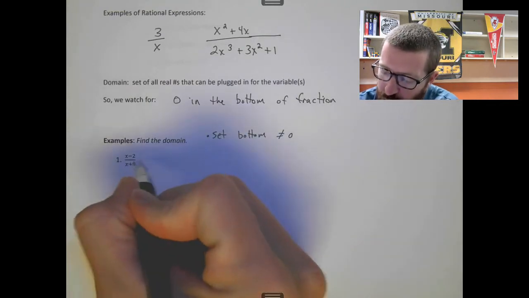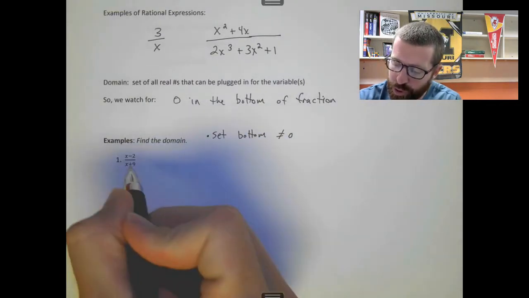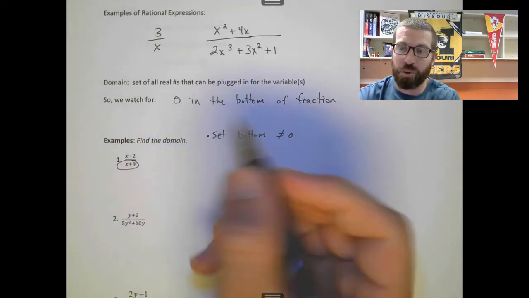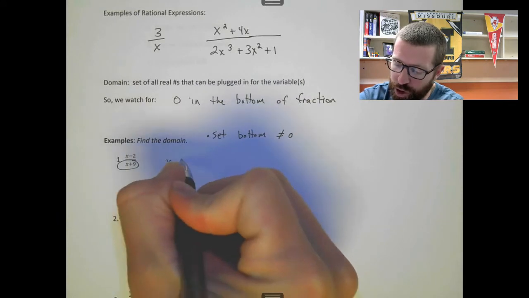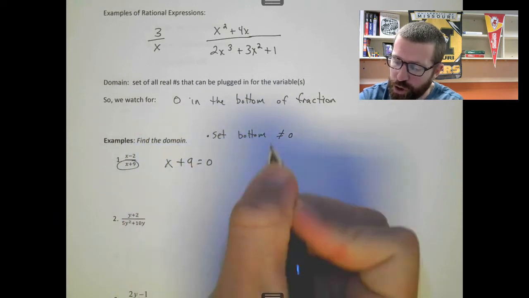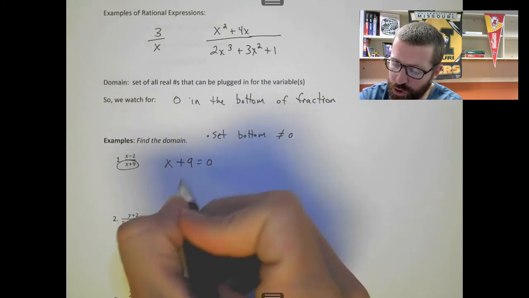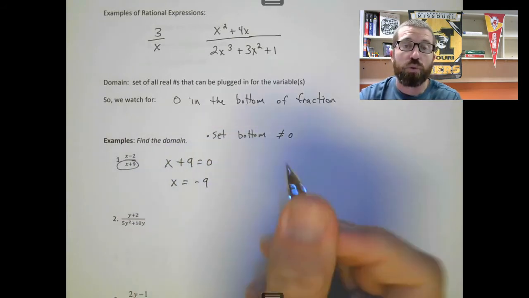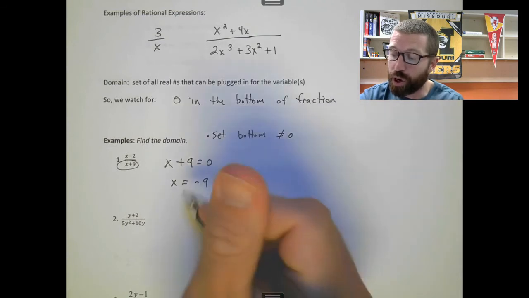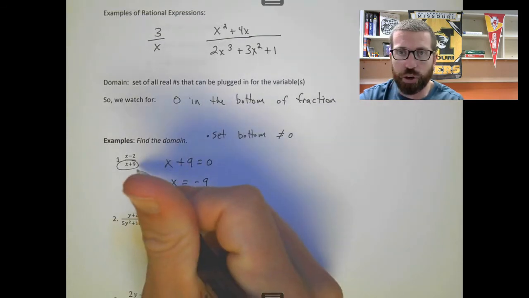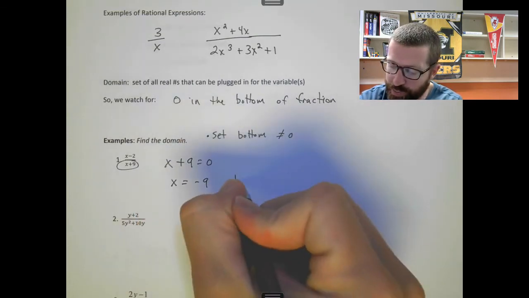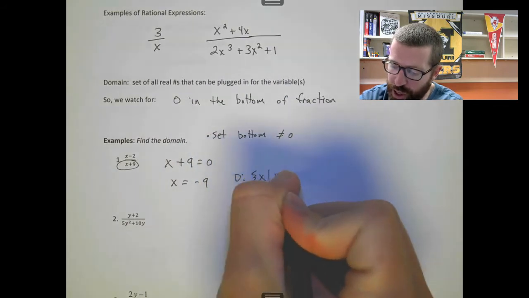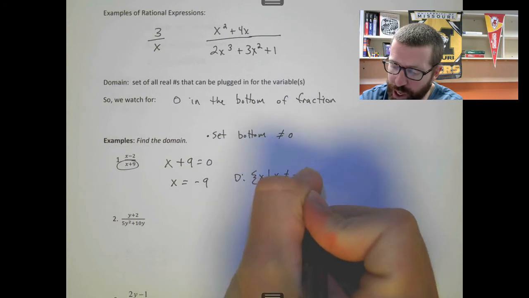So here you see a rational expression, and you say, well, if I want to find the domain, I got to know where the bottom equals 0. So let's say x plus 9 equals 0. And so now here I'm setting it equal to 0 even. So x is equal to -9. That's the number where the bottom will equal 0. So that's not part of the domain. So the domain would be x cannot equal -9.